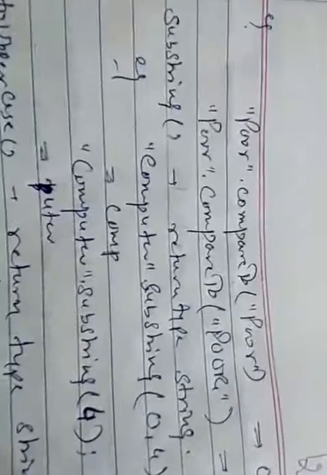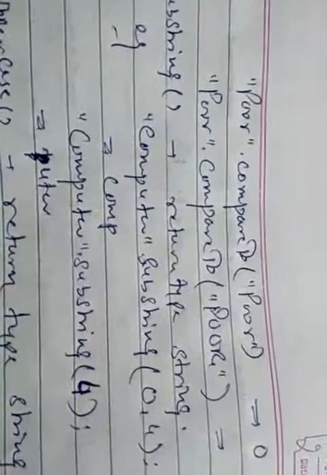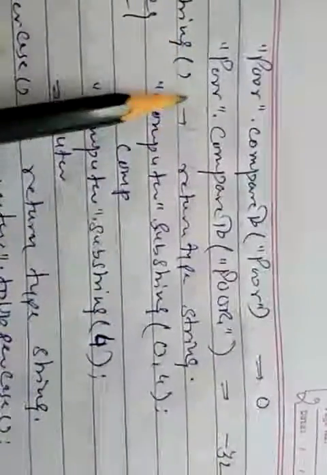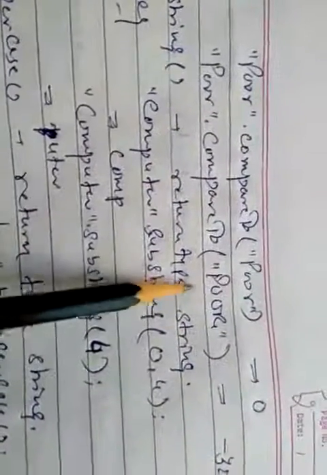Next function is compareTo. This function also compares two strings and returns the difference of ASCII value. Example, "poor".compareTo("poor"), all cases are the same, so we are getting answer 0. "poor".compareTo("Poor"), so we are getting 32.